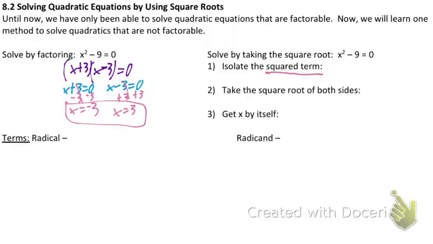Now 9 is a perfect square, but x is being squared. So how do I get x squared by itself? I have to either move the 9 over or move the x squared over. Which would you rather do, though? Probably move the 9 over. Okay. How do I move that 9 over? Add 9. And so I get x squared equals 9.